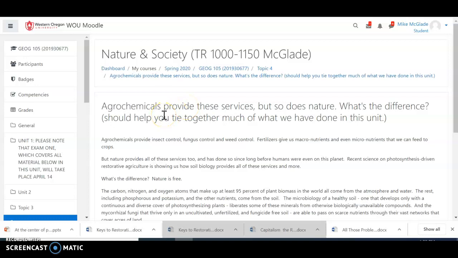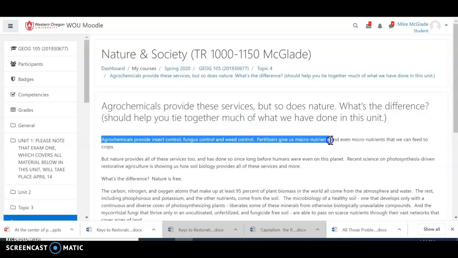This is really, in some ways, kind of a big summary of a lot of what we've been doing in this unit. Agrochemicals provide these services, but so does nature. What's the difference? Okay. So this should help you get a big picture of what we've been trying to do in this unit. Agrochemicals provide insect control, fungus control, weed control.